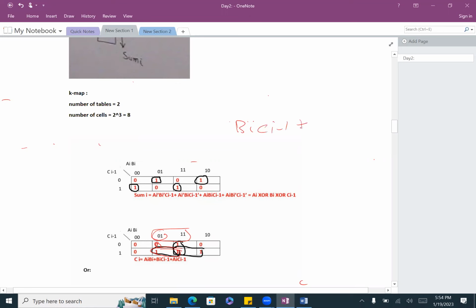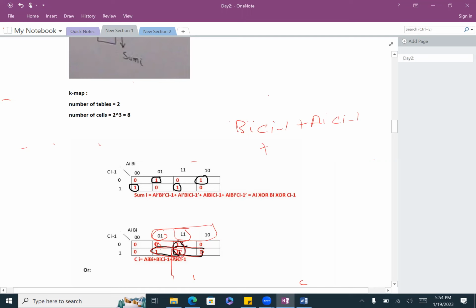We'll do OR. Let's take these 2. What will these 2 have? I'm looking at these 2 columns here. What is the common term? A_i, correct? A_i is the common. And if we look at this line, C_i minus 1, perfect.